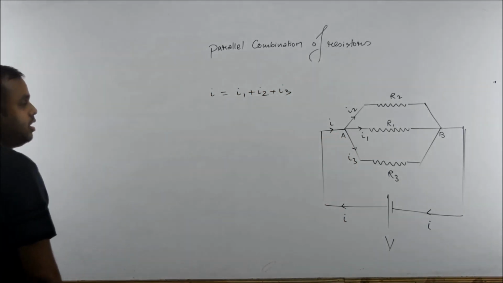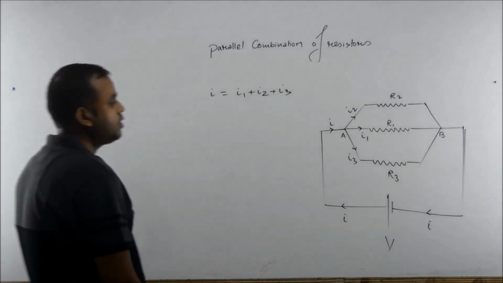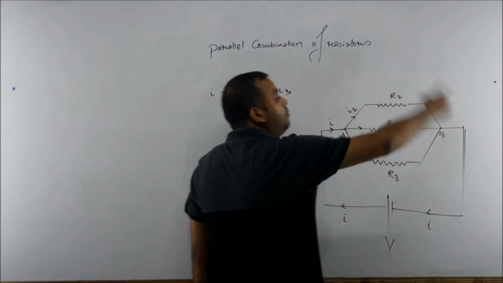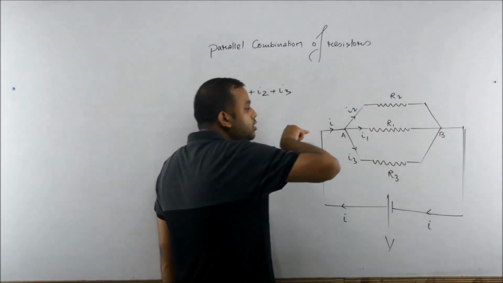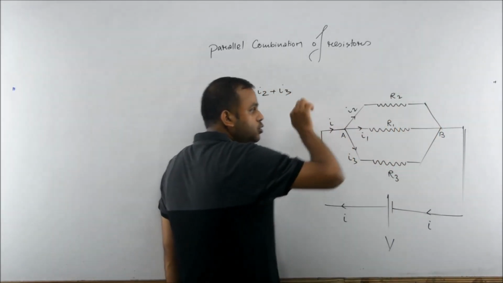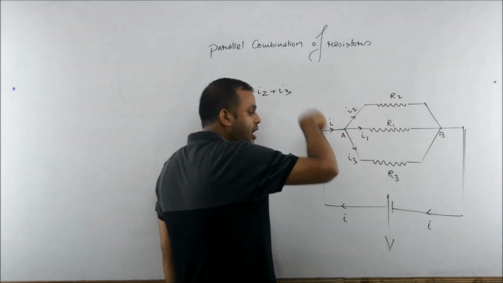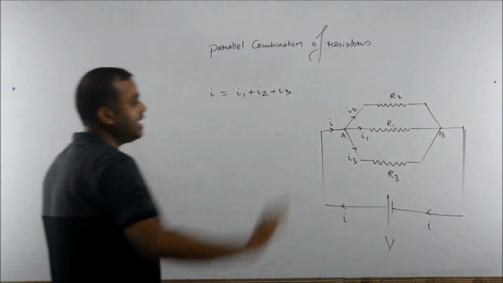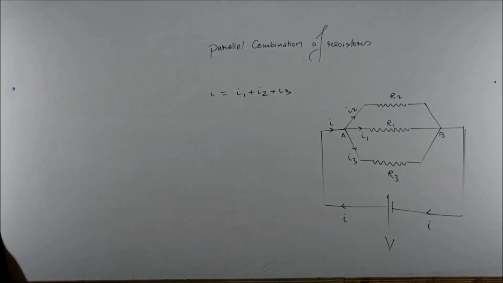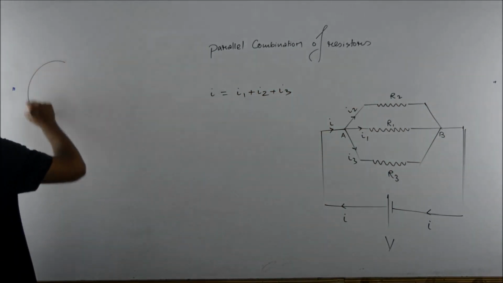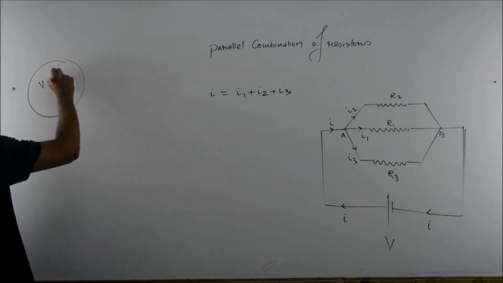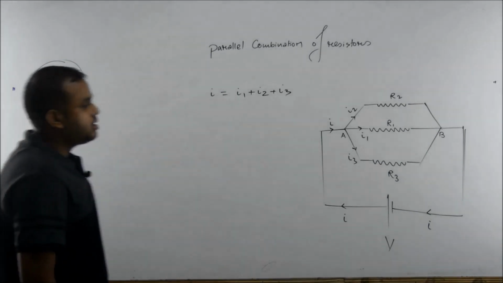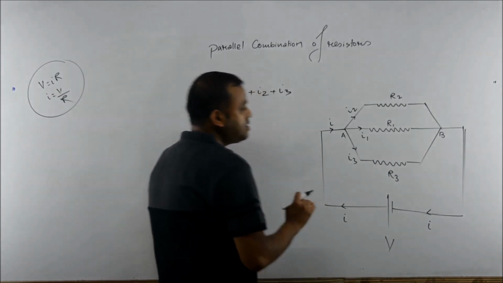Clear, students? Now if I ask you what is I, you can say I is the current flowing through the combination. Through R1 it is I1, through R2 it is I2, through R3 it is I3. But the current flowing through this combination is I. Now please concentrate. We know the relation V equals IR, so obviously I equals V by R. What is I?